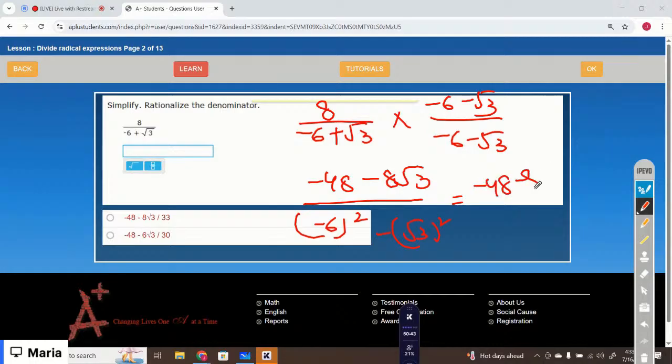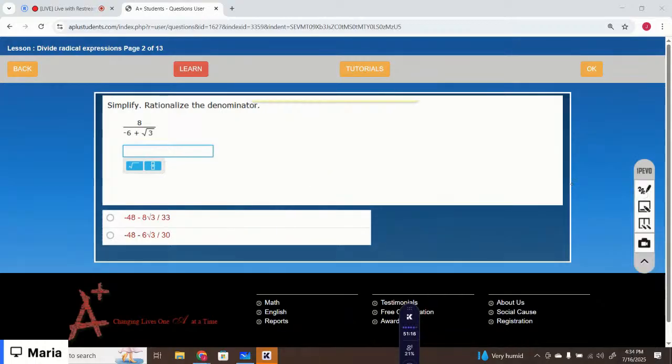Negative 48 minus 8 square root 3 divided by 36 minus 3. Option number one is the correct option.